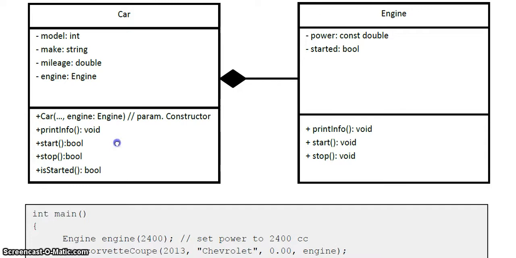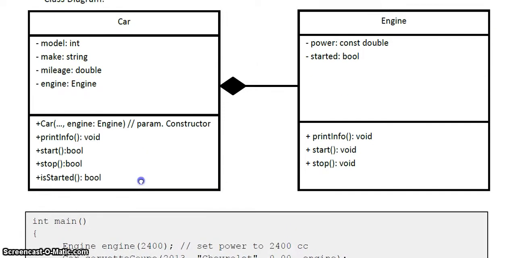And we can have setters and getters, and we didn't have space to write them, so you can have a getter for started of the engine, and that getter would be called in the function definition of is started. So is started might include something like return engine dot get started.